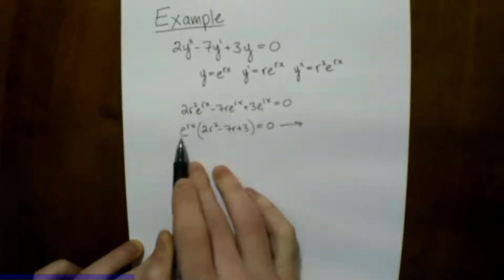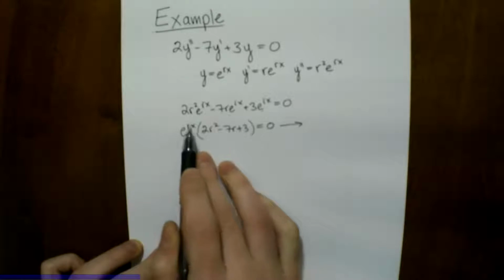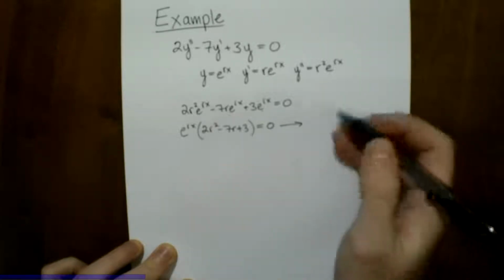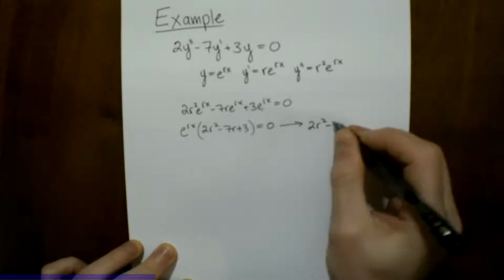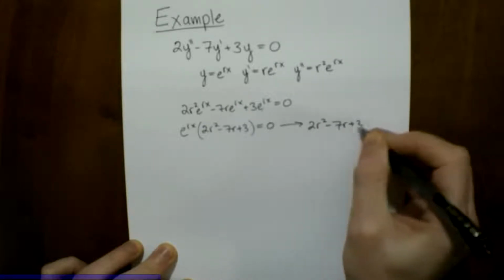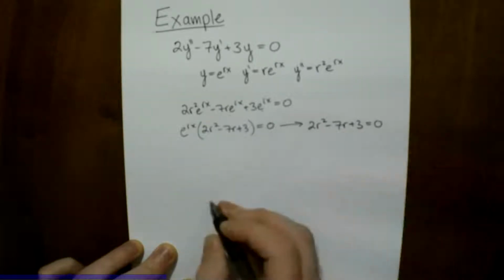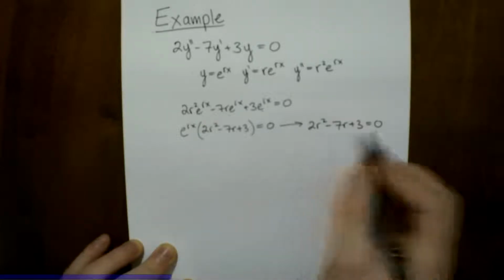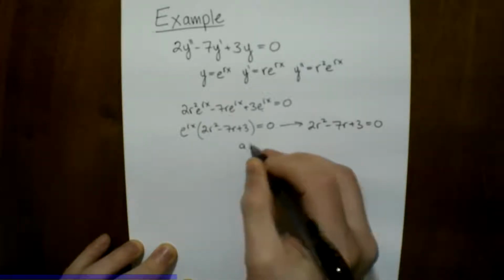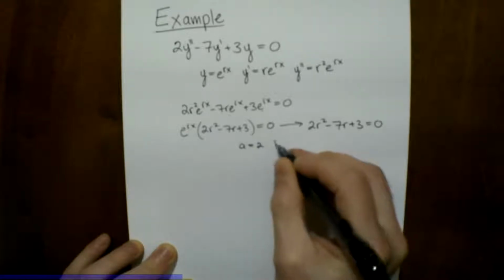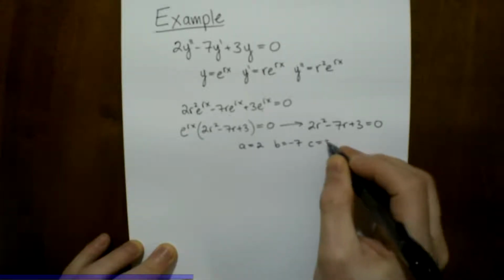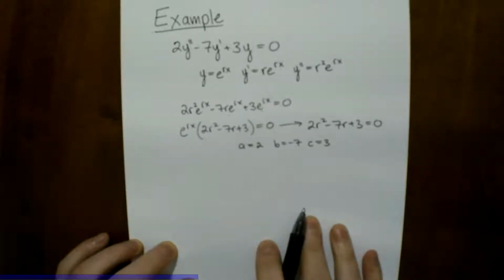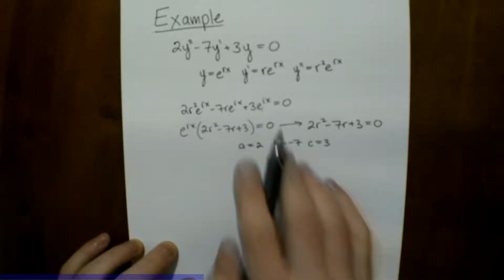And since we know that e^(rx) cannot be 0 for any r or any value of x, we can simply write 2r^2 - 7r + 3 = 0. So in this case, for this quadratic form, we have that a is 2, b is negative 7, and c is 3. So let's perform the quadratic formula and see what values of r satisfy this.